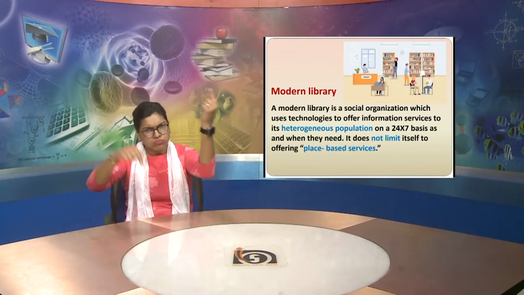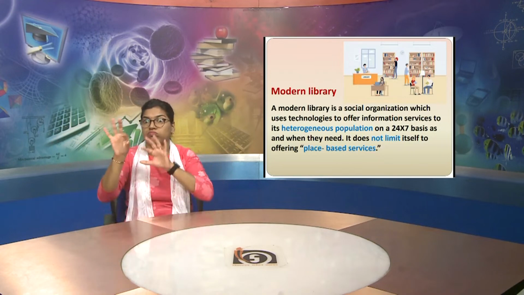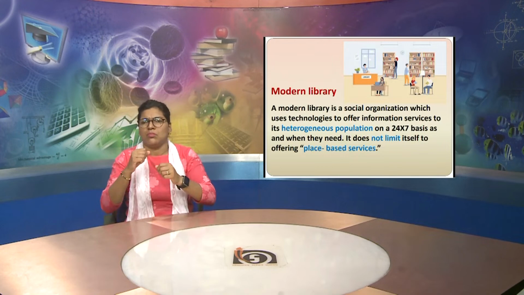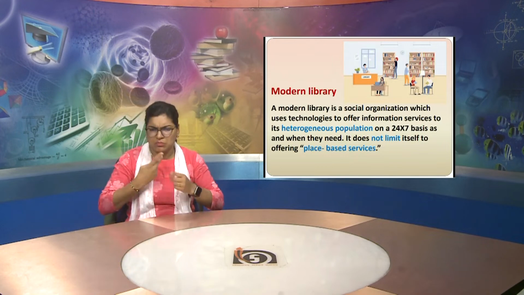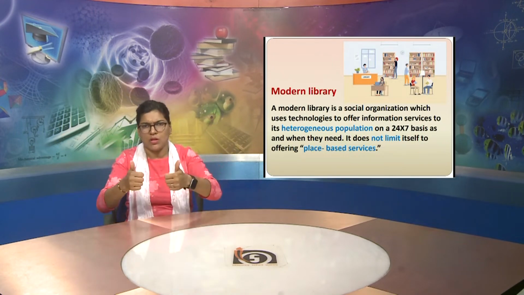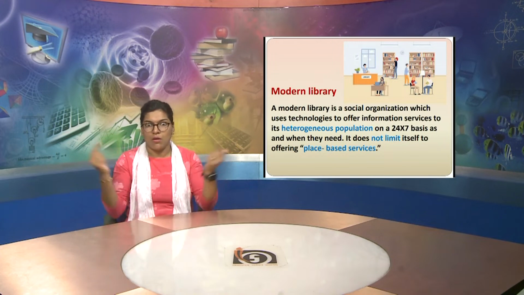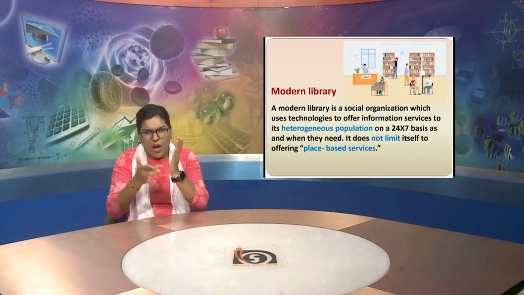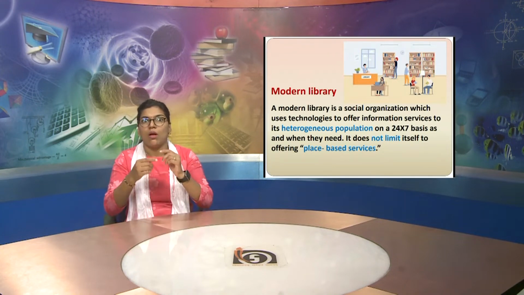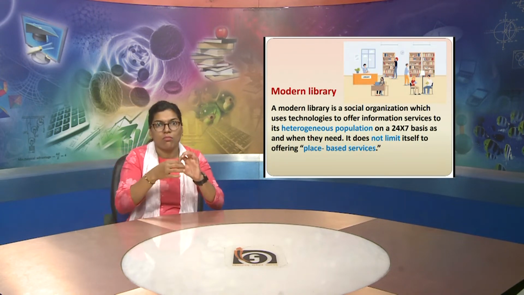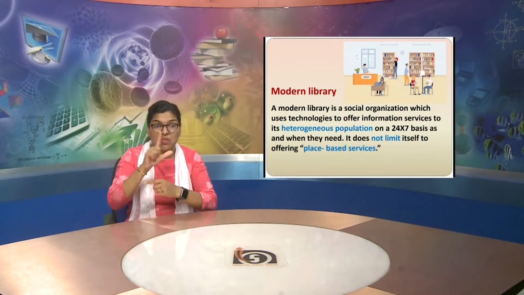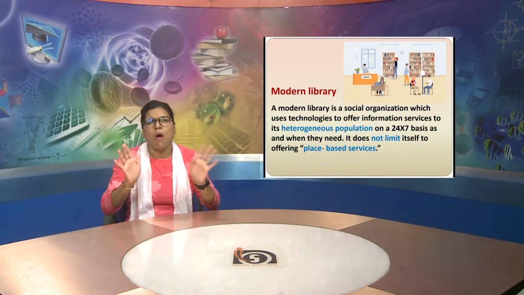A modern library is a social organization which uses technologies to offer information services to its heterogeneous population on a 24/7 basis as and whenever they need it. It does not limit itself to offering place-based services.